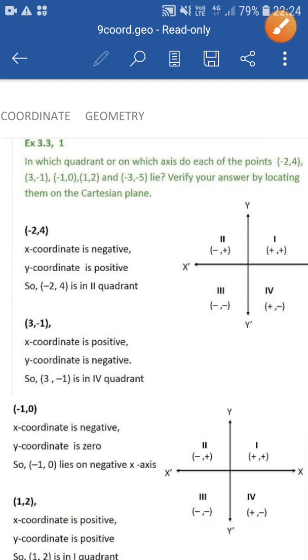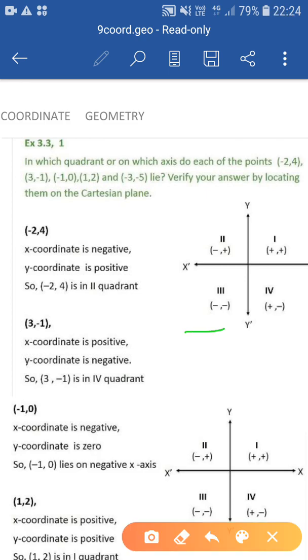Similarly, if a point lies in the third quadrant, then both its coordinates will be negative. Similarly, if a point lies in the fourth quadrant, then the first coordinate will have a positive sign and the second coordinate will have a negative sign.